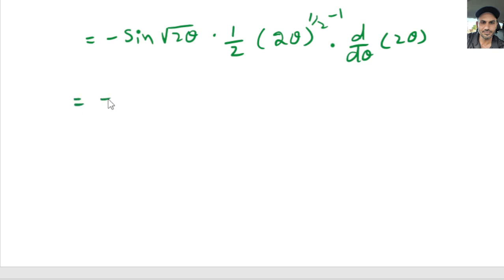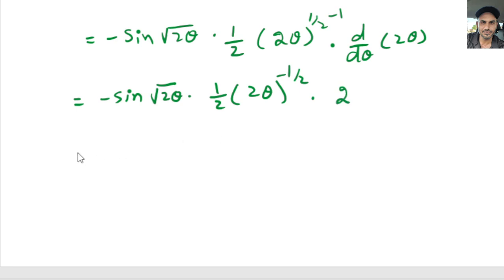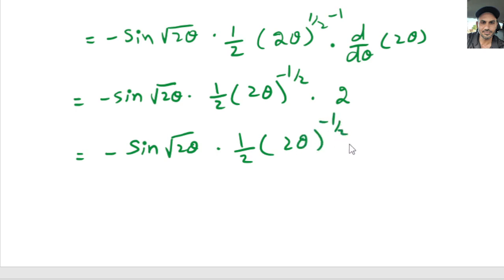So we get negative sine of square root of 2 theta times 1/2, 2 theta to negative 1/2. When we subtract 1 from 1/2, we get negative 1/2, times the derivative of 2 theta, which is just 2. So this is going to be our final answer right here: negative sine of square root of 2 theta times 1/2, 2 theta to negative 1/2, times 2. Okay, this is the final answer.